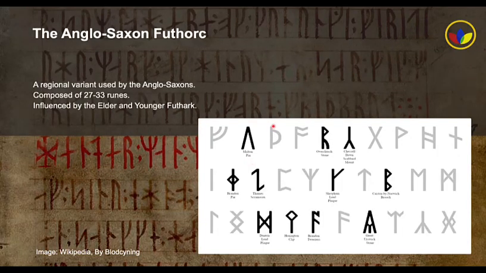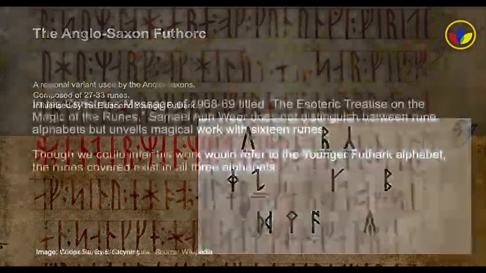And you can see the authors in Wikipedia, they gave us here a good example on some of the runic characters that are presented slightly different here in bold. So this alphabet was heavily influenced by the Elder and the Younger Futhark, but as a regional variant, it continued growing, and as such, it was then used.